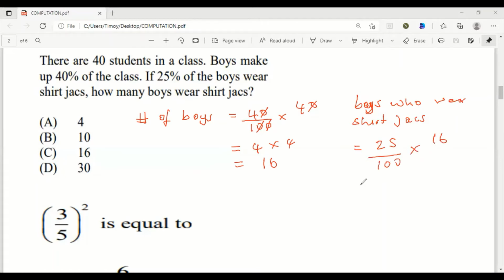But what's 25 over 100? That's just a quarter, right? Times 16. And what's a quarter of 16? That's just going to give us 4. So our answer is just going to be A here.